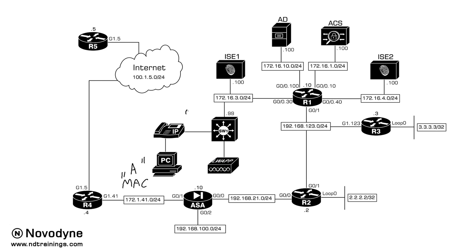I'm only going to say that this connection is going to be authenticated with 802.1x, which means that our switch is going to be sending RADIUS packets to Identity Services Engine to perform authentication and authorization of this PC. This is going to be RADIUS packets.